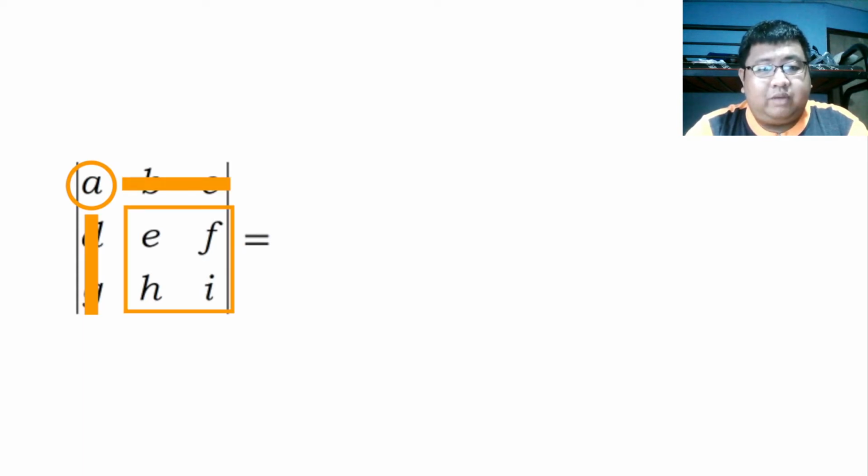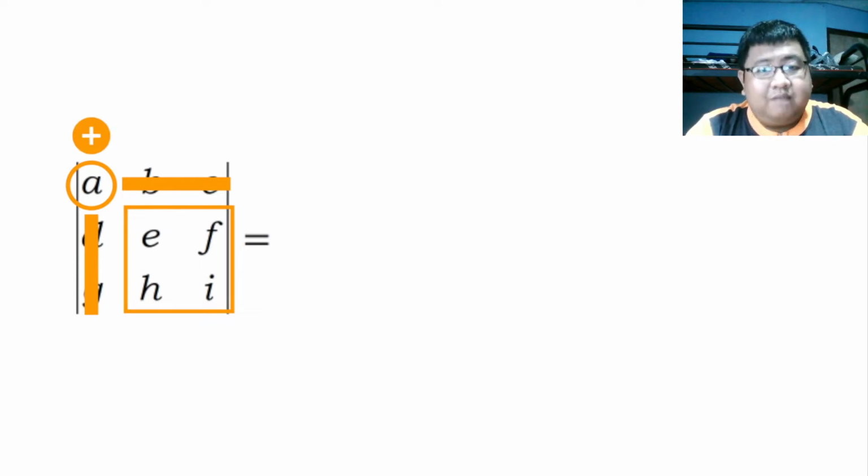You are left with the four numbers at the lower right corner of A, which are E, F, H, and I. They are already arranged in a smaller 2 by 2 determinant. These five numbers will comprise our first term in our evaluation of the 3 by 3 determinant.